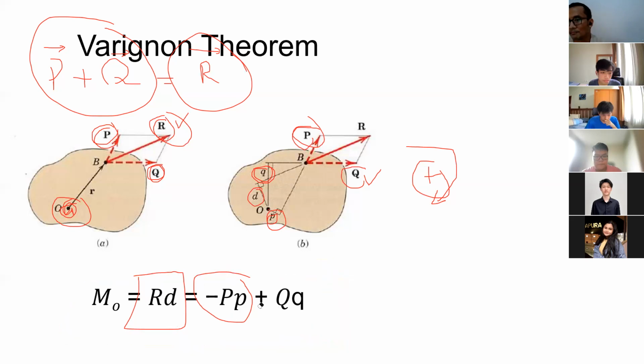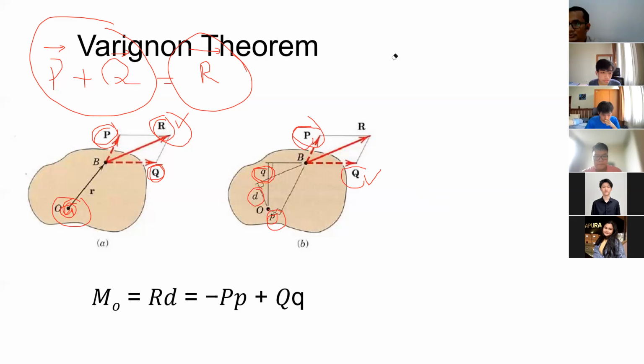Itu adalah Varignon's theorem. Jadi total momen akibat komponen-komponen gaya itu akan sama dengan momen yang diakibatkan oleh gaya sebelum dibagi menjadi komponen-komponennya.